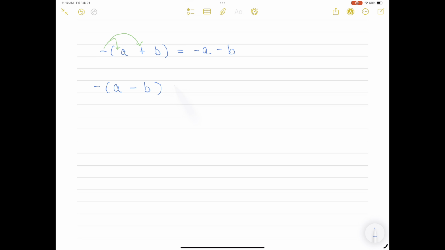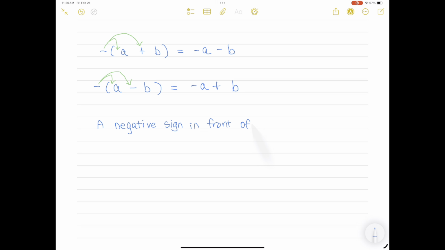The negative sign in front of the parenthesis of a minus b does the same thing. It inverses the signs of the variables within the parenthesis. So positive a becomes negative a, minus b becomes plus b. So we inverse the signs of all the variables within the parenthesis, and then we remove the parenthesis.